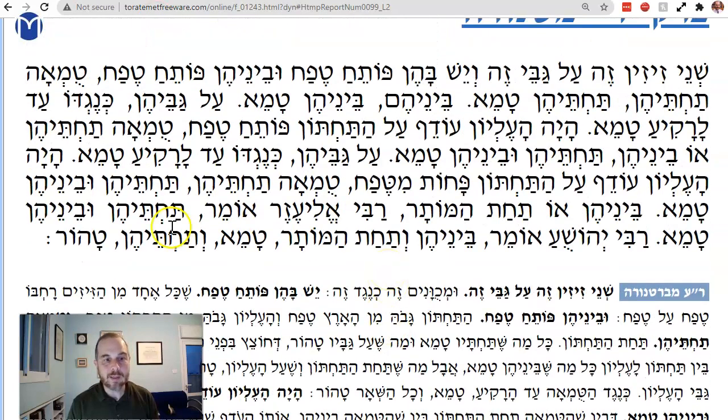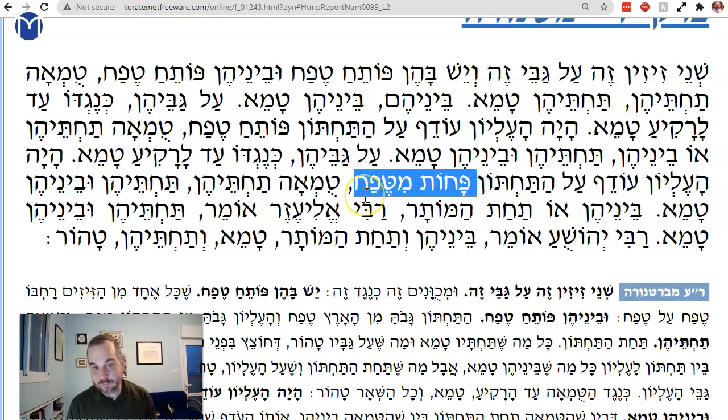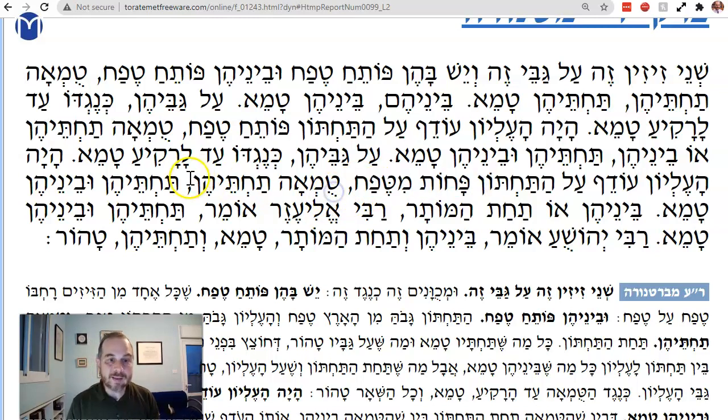So let's read the case again. It protrudes less than a tefach, and I realize this is confusing, but that's part of the problem. If there's tumah under both of them, then tachtehem u'beinehem tamei, they're both tamei. But if the tumah is between them, or under the protrusion, let's see the picture.